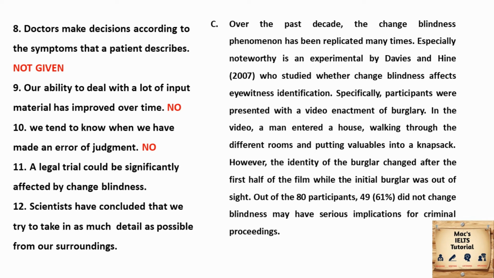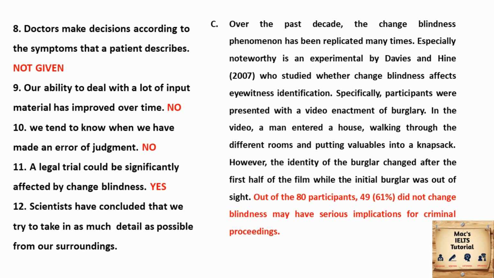When we skim through this para, the writer states that out of the 80 participants, 49 did not notice the change of the burglar's identity, suggesting that change blindness may have serious implications for criminal proceedings. Having serious implications for criminal proceedings has been paraphrased as legal trial could be significantly affected. Since both the statement and the writer's view are the same, we will be marking the answer as yes.